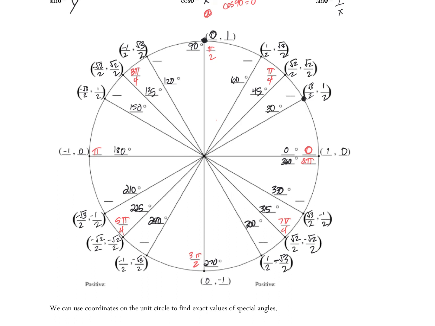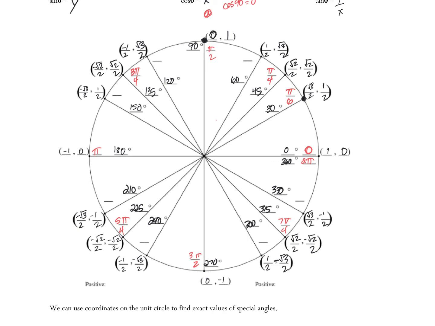I could take the pi over 2 and divide it by 3, right? How many 30-degree angles fit inside the 180? 6, right? So, could I just call this pi over 6 then? I can agree with that.